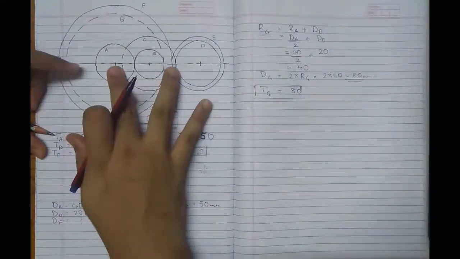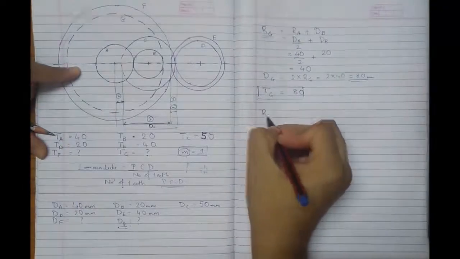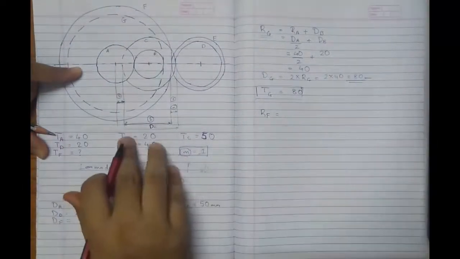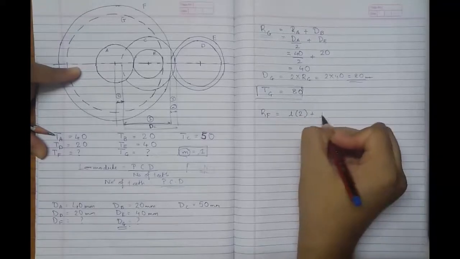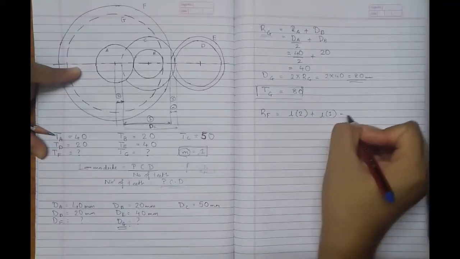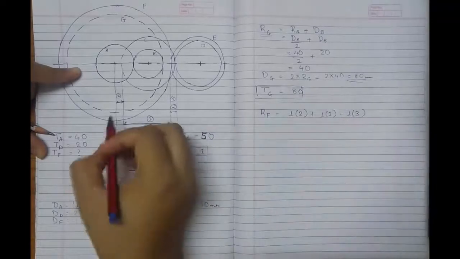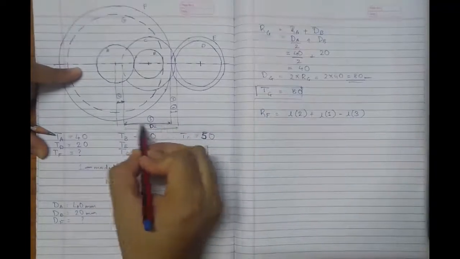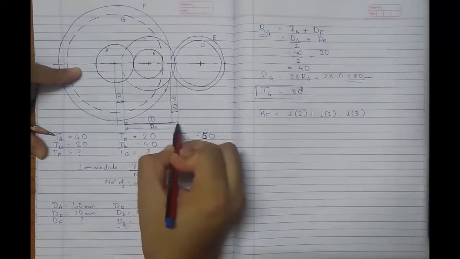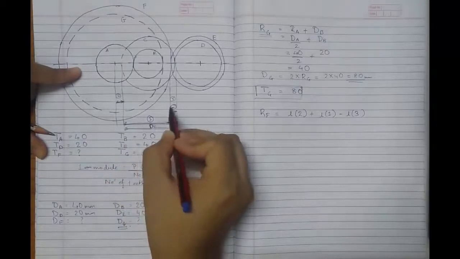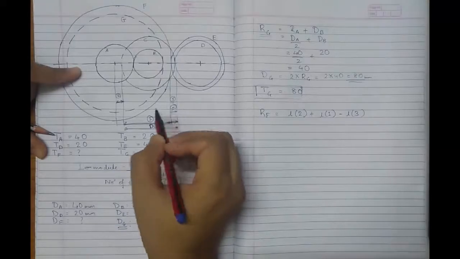So the total radius of F is length of part 2 plus length of part 1 minus length of part 3.